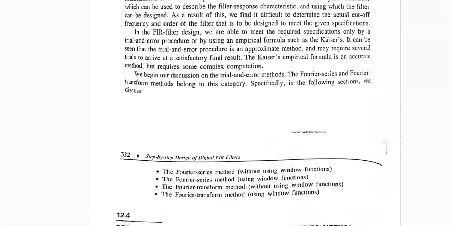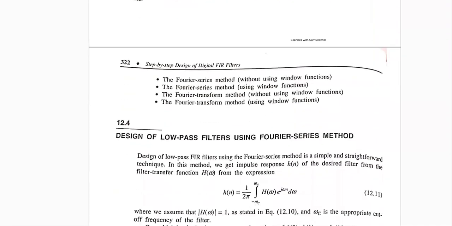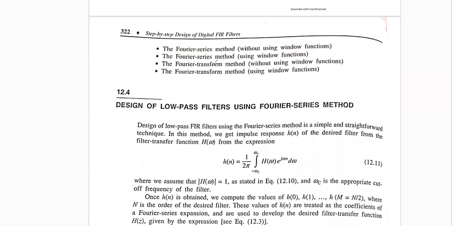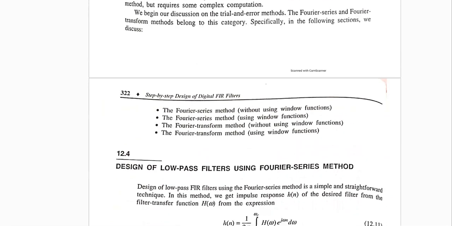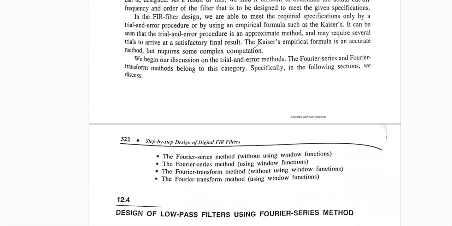So for designing the FIR system, there are a few methods. Fourier series method without using the window function, Fourier transform method without using window function, and using window function. Apart from this, we also have another special method, the Kaiser.